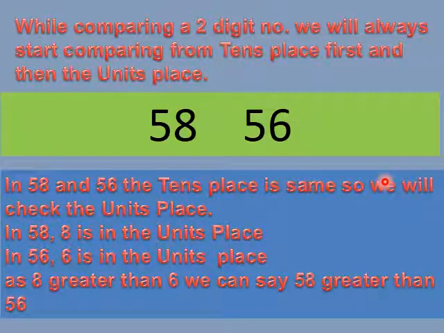So children, we know that 8 is greater than 6. So we can say that 58 is greater than 56, and 58 is the bigger number. So the crocodile mouth is open towards the bigger number, and the sign that we use is the greater than sign. So we read it as 58 is greater than 56.